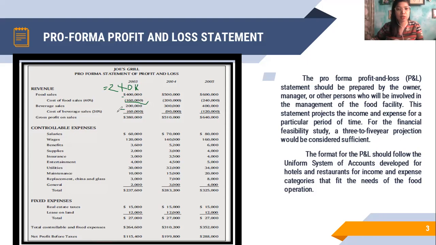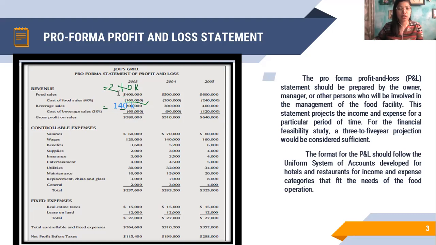So that's equivalent to 140,000. And then you need to add 240,000 to 140,000, which is equivalent to 380,000.